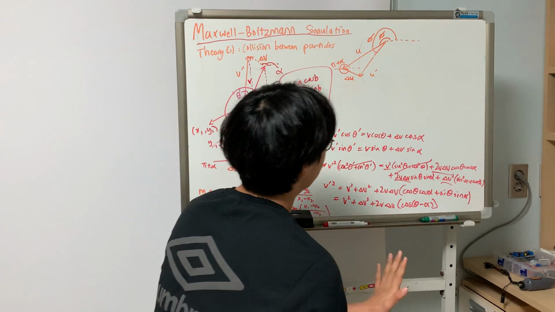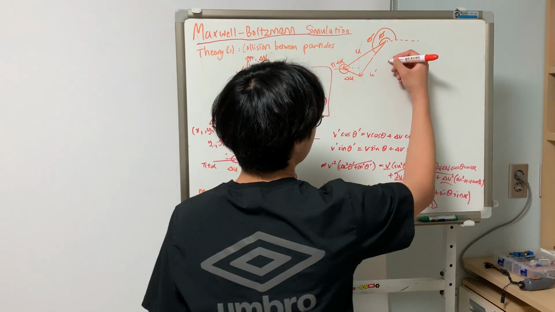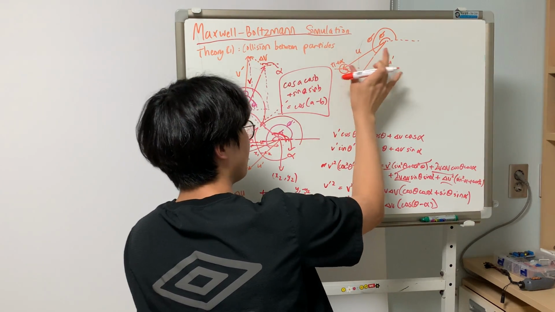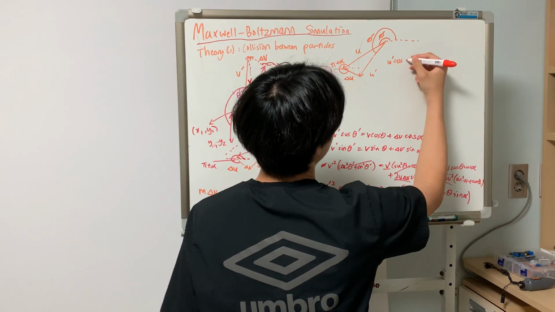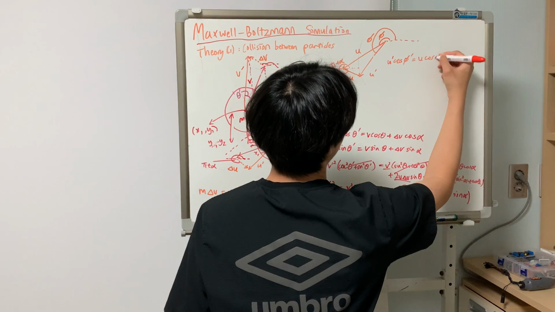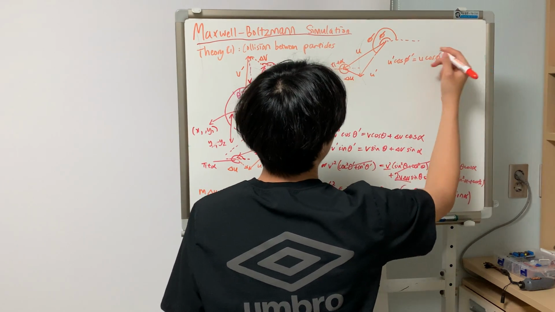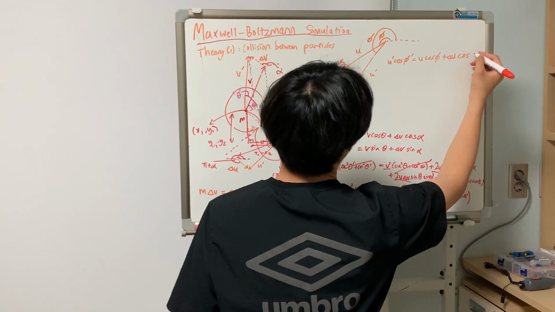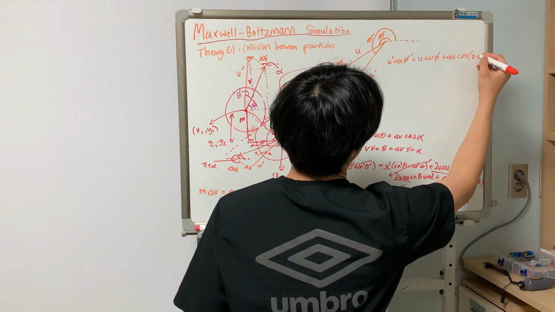We have almost the same expression, but a bit different. Looking at the horizontal components, we have u prime cosine phi prime is equal to u cosine phi plus delta u of cosine, again we're always adding, of pi plus alpha.